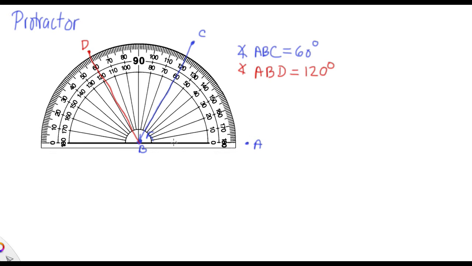If we looked at A, B, and let's call this E, for example, this would be exactly 90 degrees. ABE would equal 90.